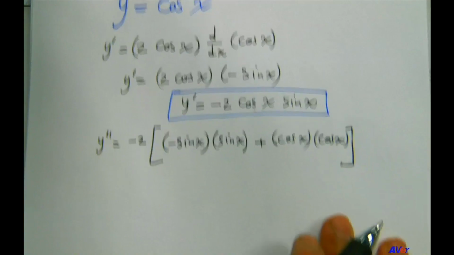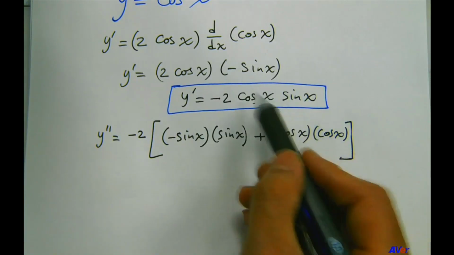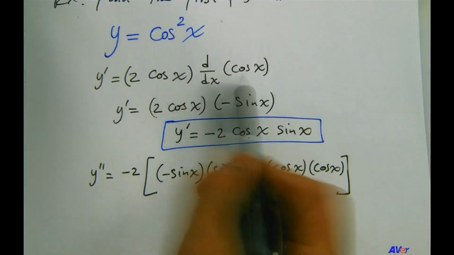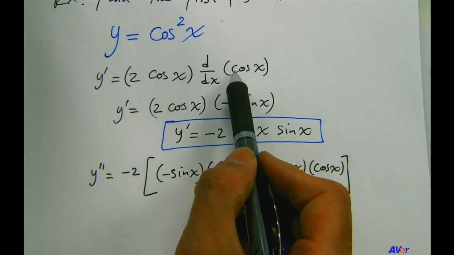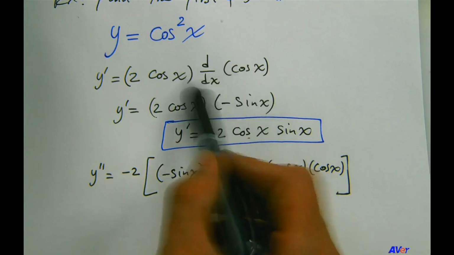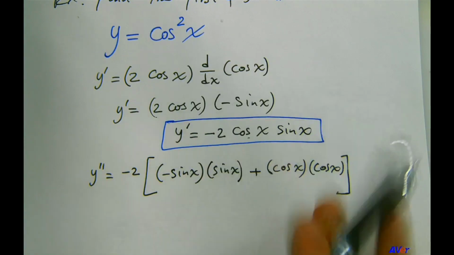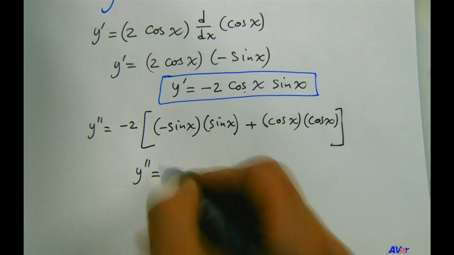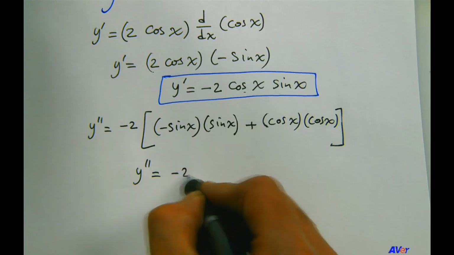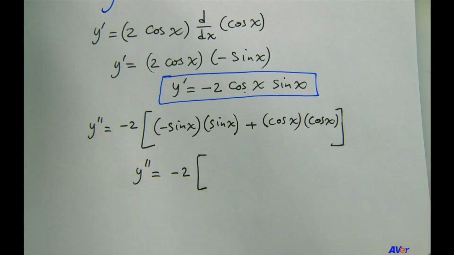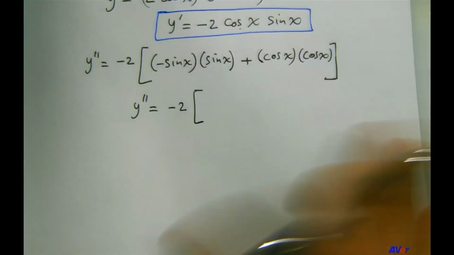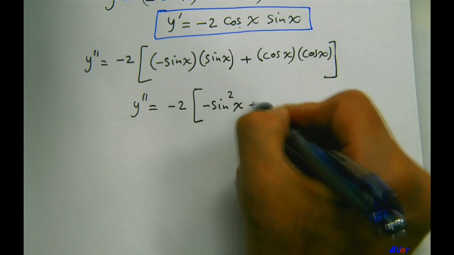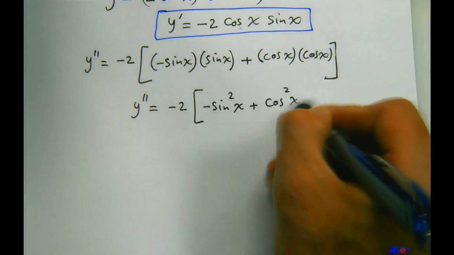Like that. So this time we didn't have to use the chain rule. We just applied the product rule, but we did apply the chain rule here. Okay, this was the chain rule to go from here to here. But this is just a product rule. So y double prime is equal to minus 2 times, let me move this up a little bit, minus sine squared x plus cosine squared x.